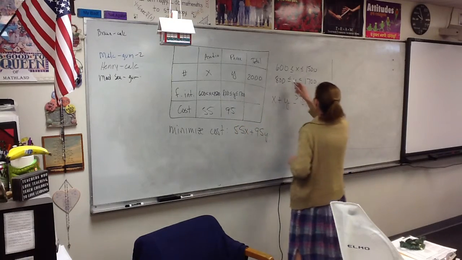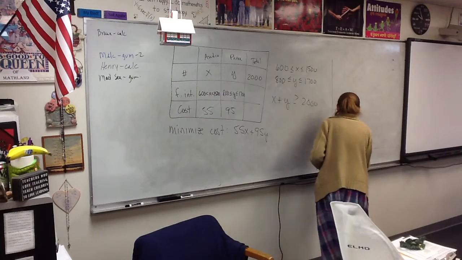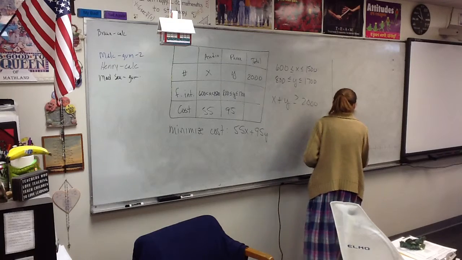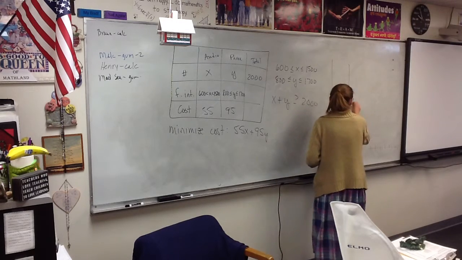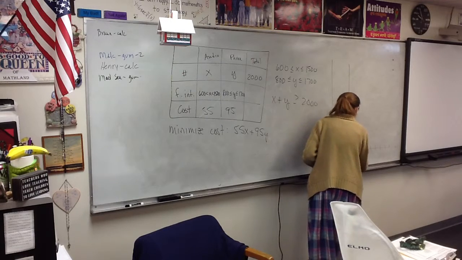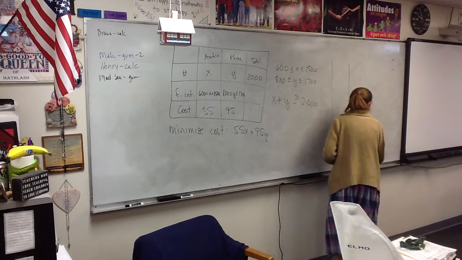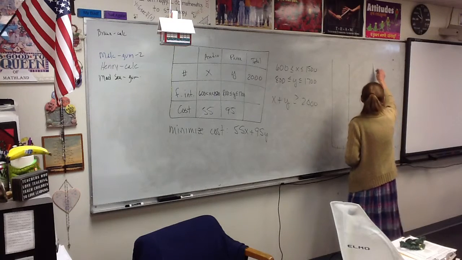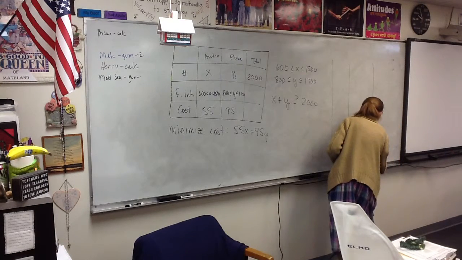So when I graph 600 to 1,500, if these are all going to be worth 200, then this is where 600 will be. And that's 8, 10, 12, 14. 15 would be in here, right here.